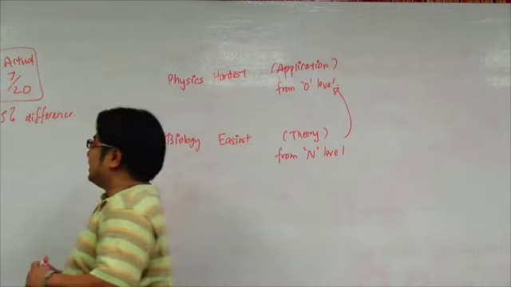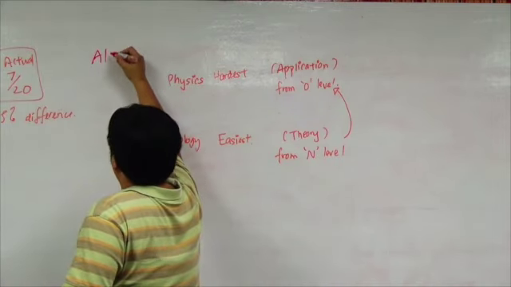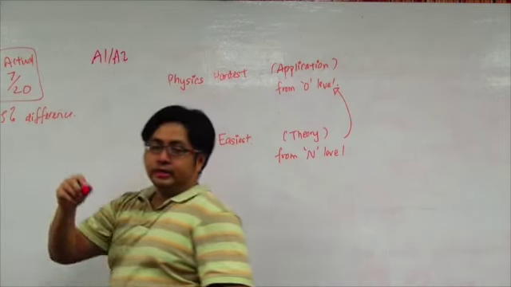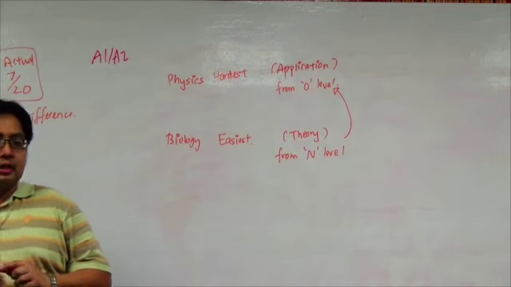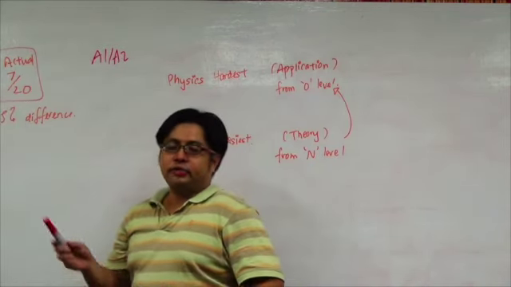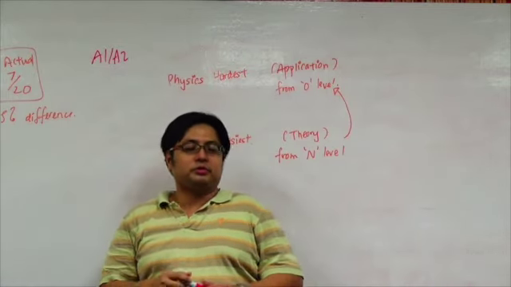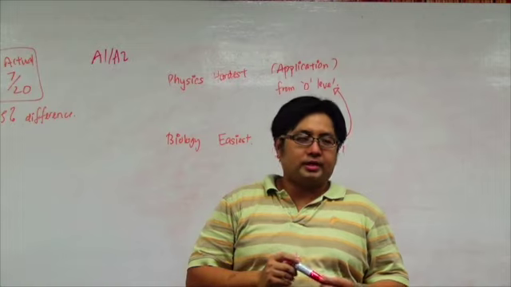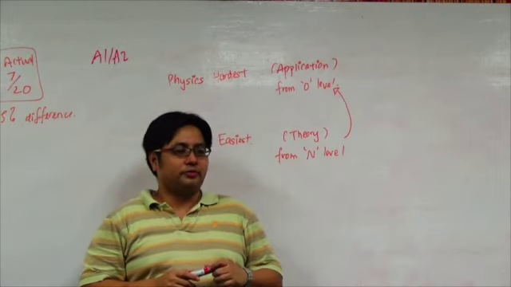Okay. If you get A1 or A2, write down the grades there. If you get A1 or A2, it means your concept is really strong. Okay, why? Because physics being the hardest, if you still can get an A1 or A2, you are definitely on the right track. So at the very least, your parents can be assured that you're okay for the first two topics.